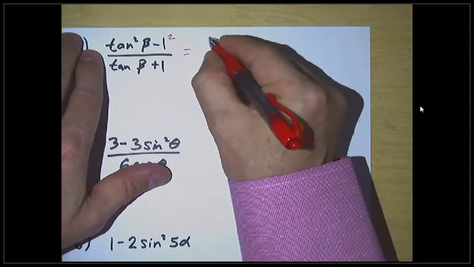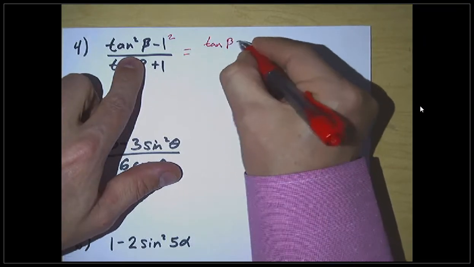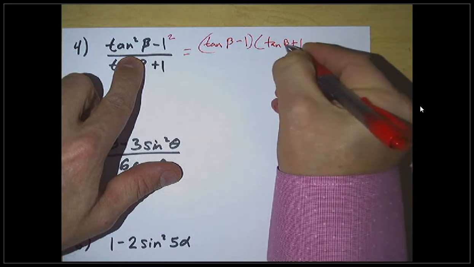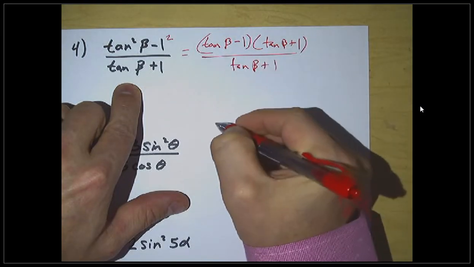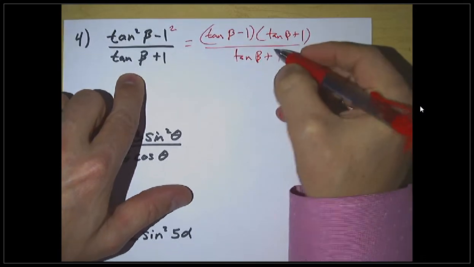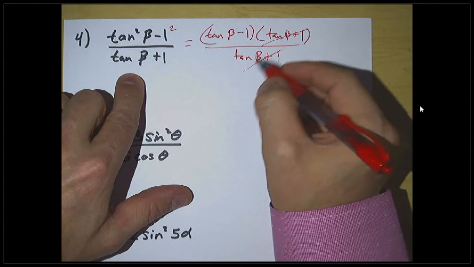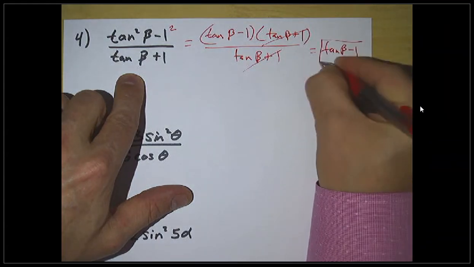So I can rewrite this as tangent beta minus 1 times tangent beta plus 1 over tangent beta plus 1. And we should be able to recognize that tangent beta plus 1 over tangent beta plus 1 is going to be 1, leaving me with tangent beta minus 1.